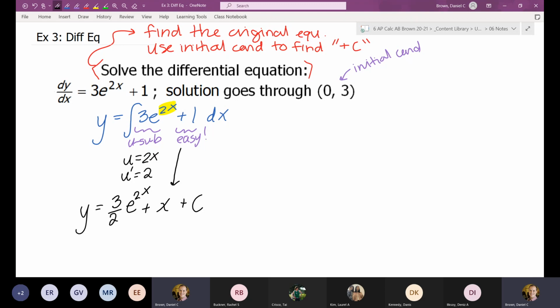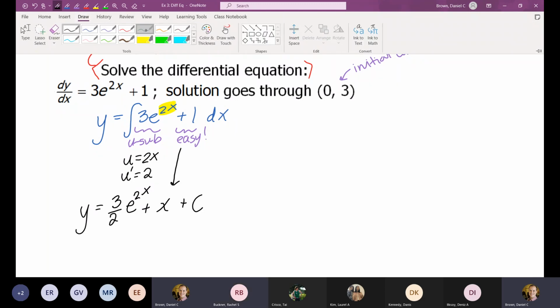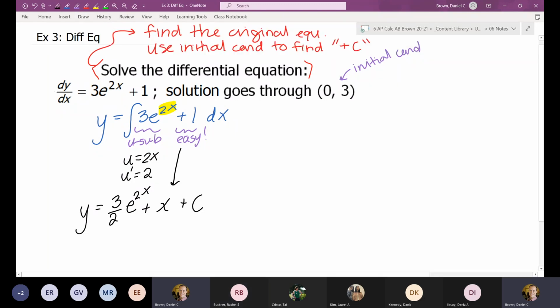All right, now we just want to use our initial condition. Mr. Brown, yes, go ahead. Sorry, wouldn't the 1/2 technically go to the x as well? No, and this is where we want to be careful. The 1/2 isn't going to go to the x that we see because that x doesn't have any u sub that came with it.